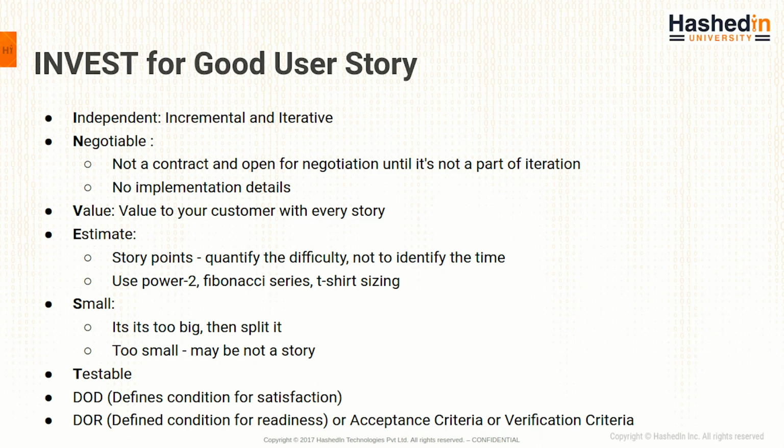Story points quantify the difficulty, not the time. We'll understand more about what story points are and how you can give a story point. It should be small. If it is too big to be done in a sprint, then you should split it. If it is too small, then maybe it's not a story because it has to be an independent feature of its own. And every story should be testable.